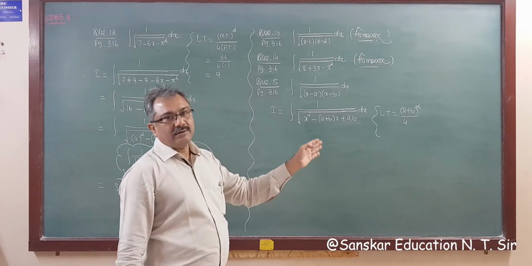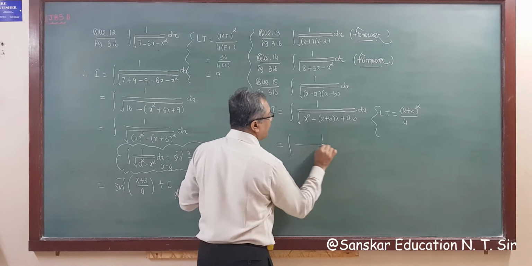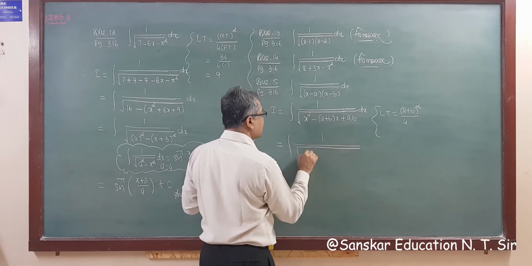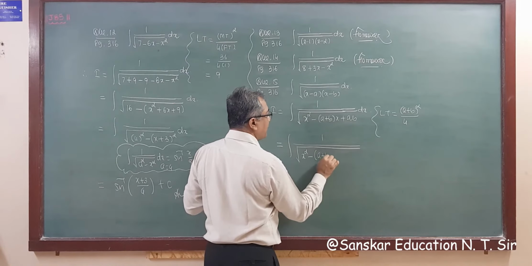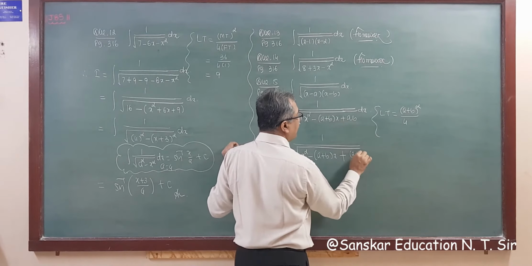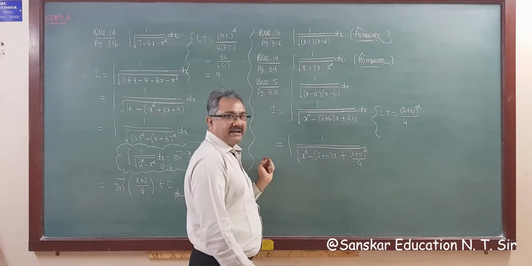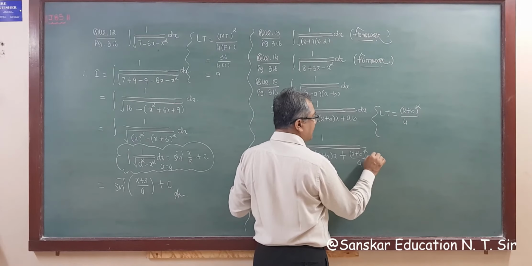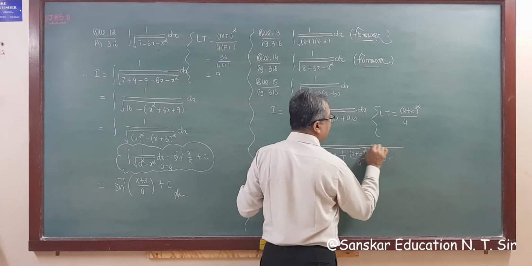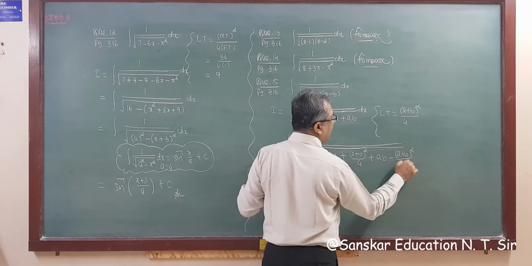So adding and separating the last term, what do we get? This is integration 1 upon square root of x square minus (a plus b) x plus (a plus b) whole square by 4, adding, right? Plus ab minus, separating this, that is (a plus b) whole square by 4.